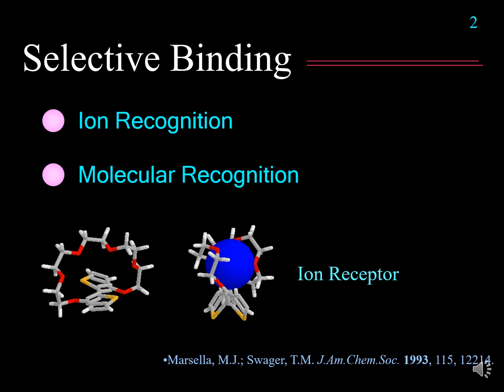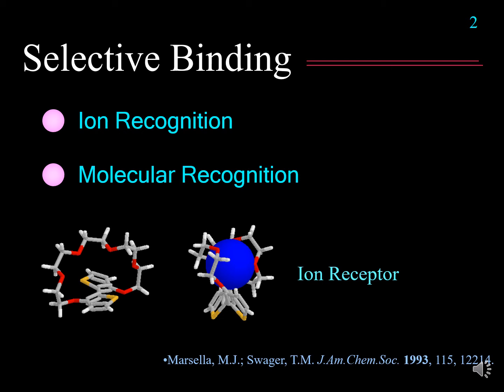Right? So this is called recognition. This ring cannot complex with very huge atoms like cesium or rubidium because of the size, right? We have a relatively small pocket which is suitable for the potassium ion. A bigger ion like cesium is not suitable for this, and a very small ion like lithium is also not very suitable.